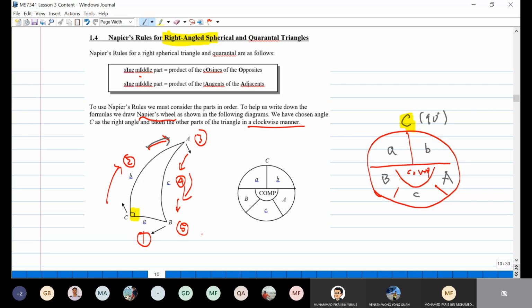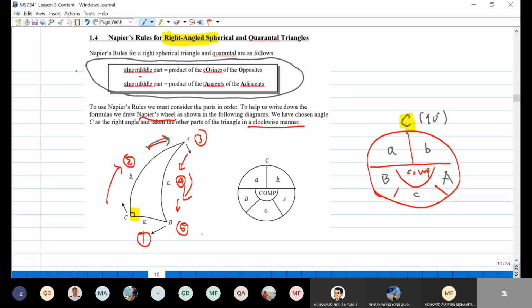Then let's look at how we apply the Napier's view. The rule is here in the upper part. Before I use the Napier's view, I must tell you how to actually use it.